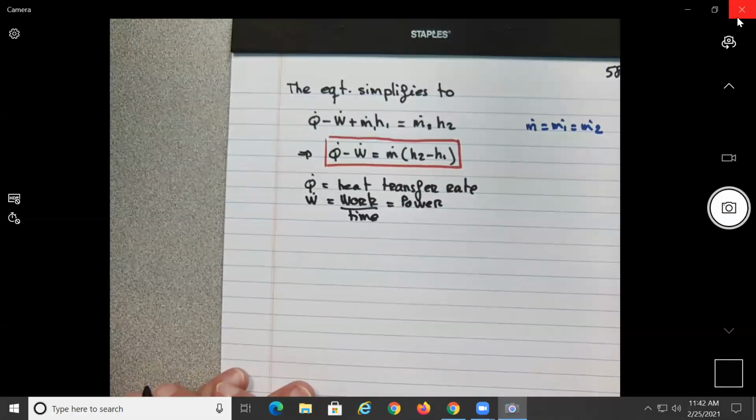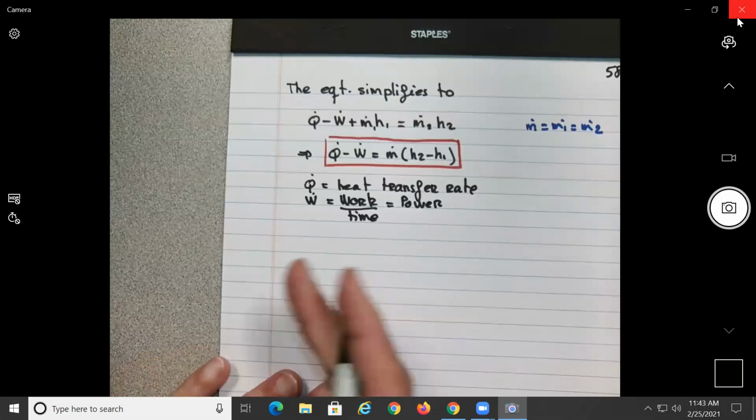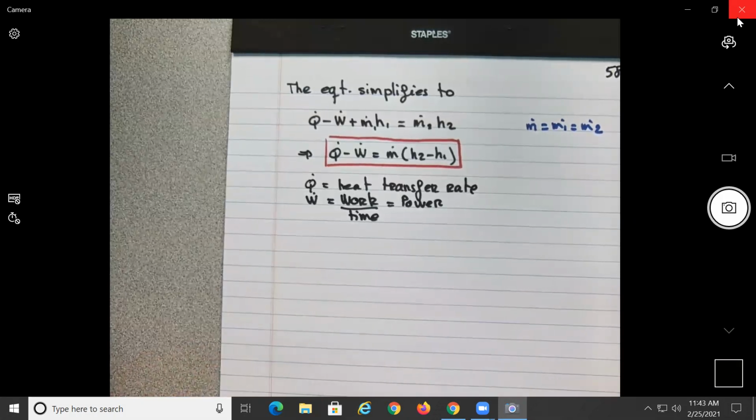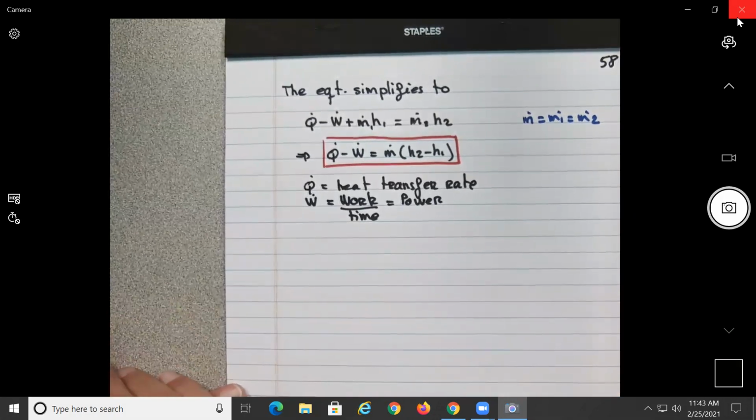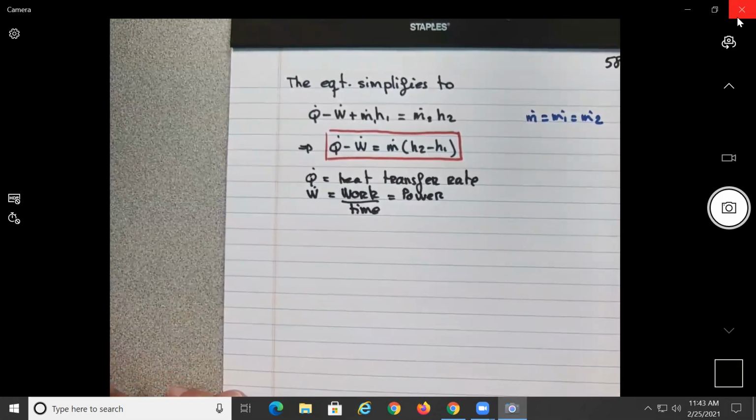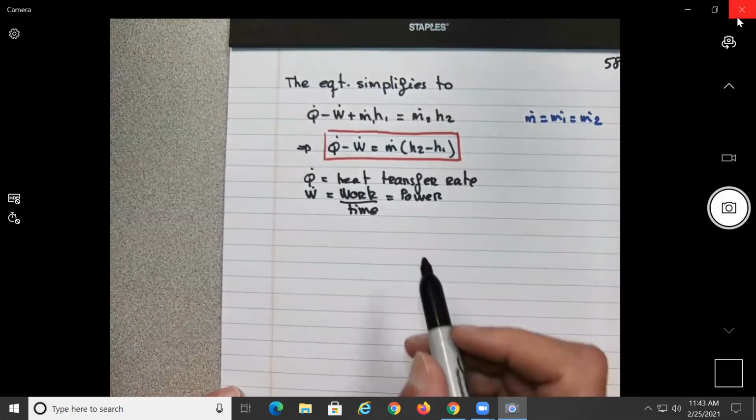So over here, I'm pretty sure most of you are AE. Some of you might not be AE, okay? So why is this important? If you do aerospace and you do the propulsion track, probably you're going to see H and this type of equation a lot, okay? Because if you think about turbofans, how do they work?